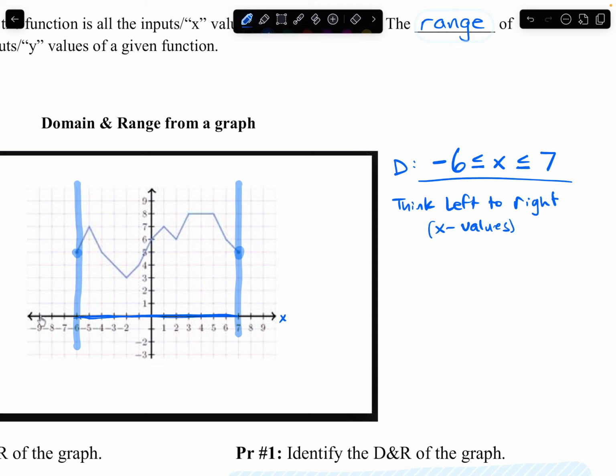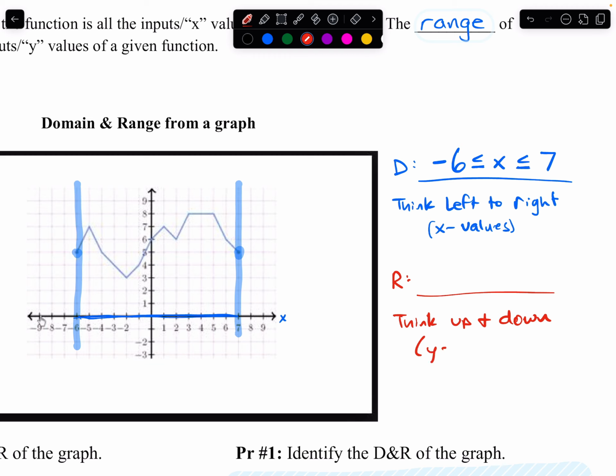All right, let's talk about the range. So for the range, we just draw a capital R, and I want you to think up and down, because we're looking at the y values now, and the y-axis runs vertically. It runs up and down. So the highest point on our graph is right here.